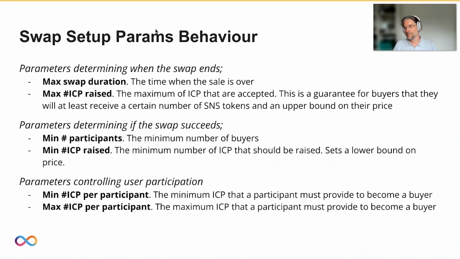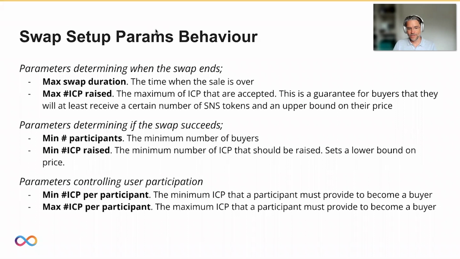But also, if you hit the maximum number of ICP, then that would also trigger the end of a swap prior to that duration time. The maximum ICP also acts as effectively a guarantee on the upper bound of the price. So you can specify that you don't want people to pay more than XYZ ICP for your token.